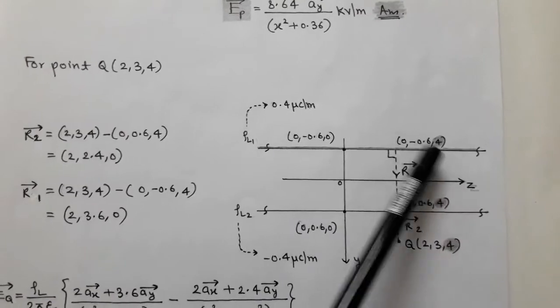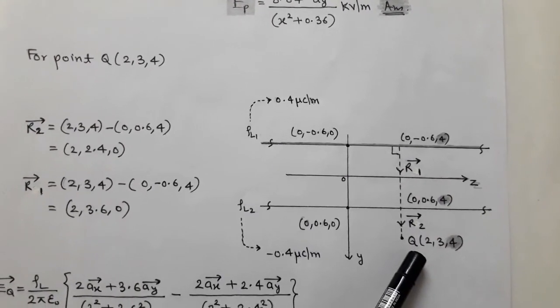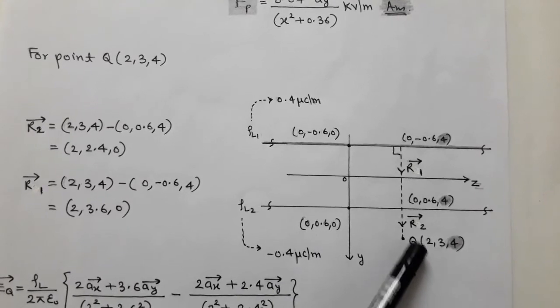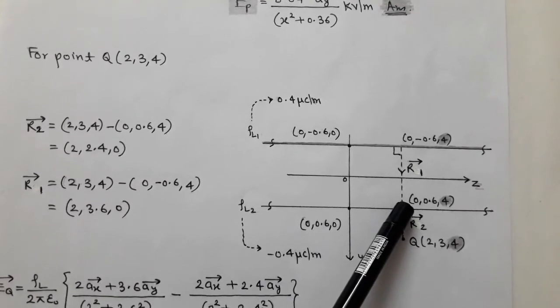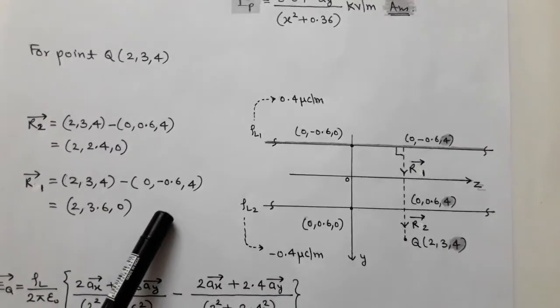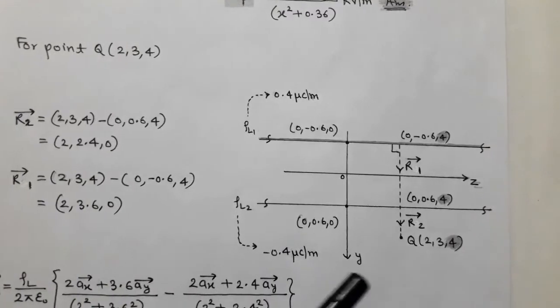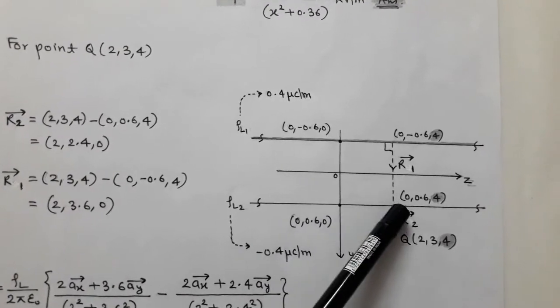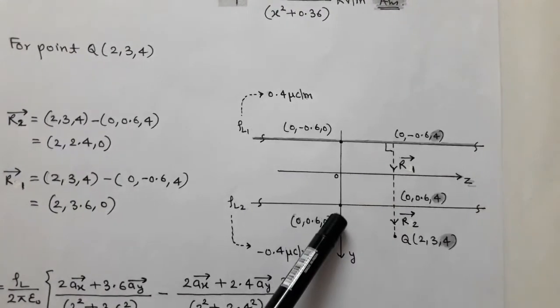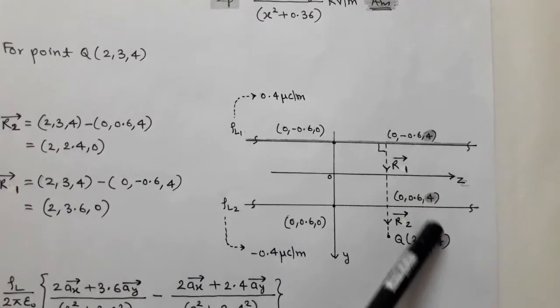Similarly, the R2 vector is (2, 3, 4) minus (0, 0.6, 4). Here again the z coordinate should be constant. So we have to shift the given point such that its z coordinate is the same as the given point Q.